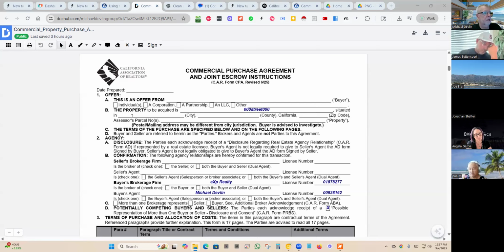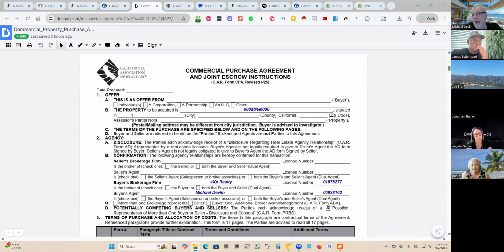All right, so there's the good news and bad news about the C.A.R. form: it looks like their other purchase agreement. The reason I say it's good and bad news is because if you're used to the other purchase agreement, it won't be as hard to adapt. Then why is there bad news? This is what commercial agents don't like about it, is that it looks like the residential purchase agreement was just tweaked a little bit to make it fit this role.